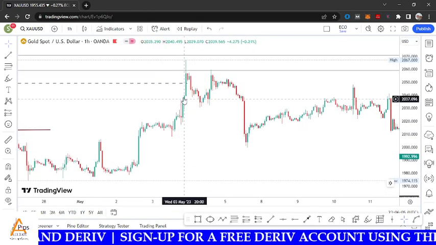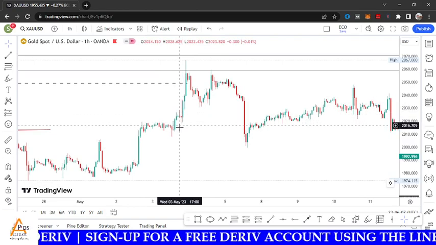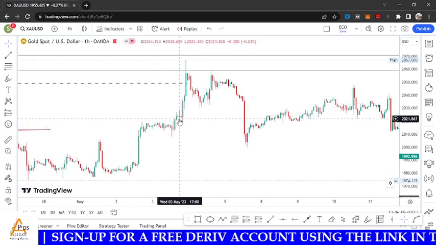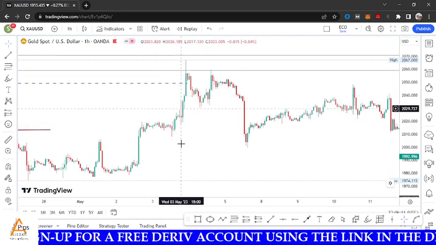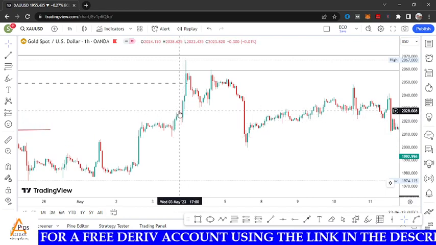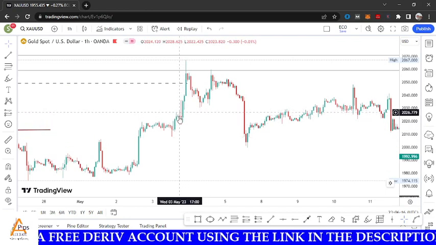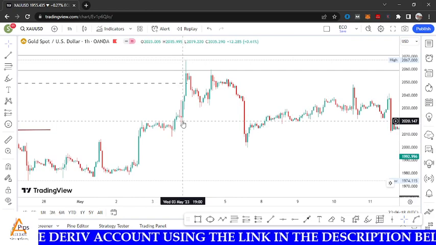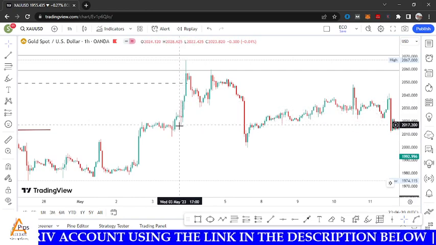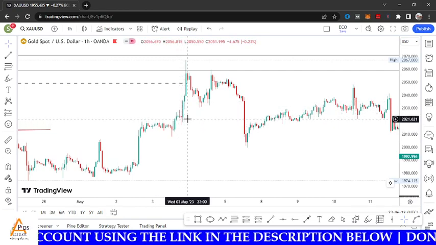So let's see. This is our last valid pullback because it took out the low over here. It went up, down, because this is the previous candle, this red candle, doji, and then this large doji took the low.